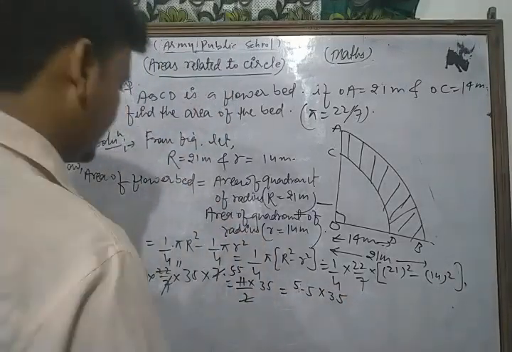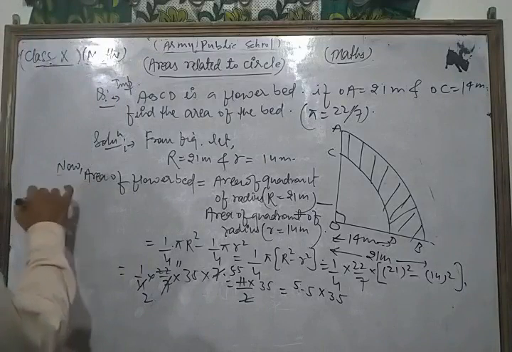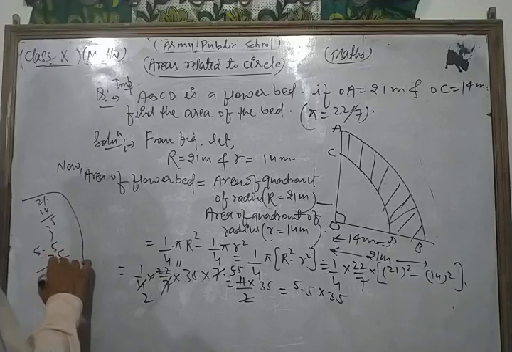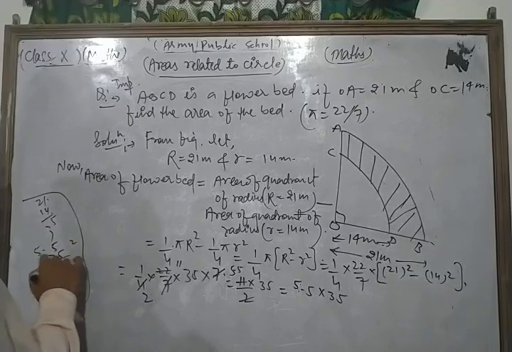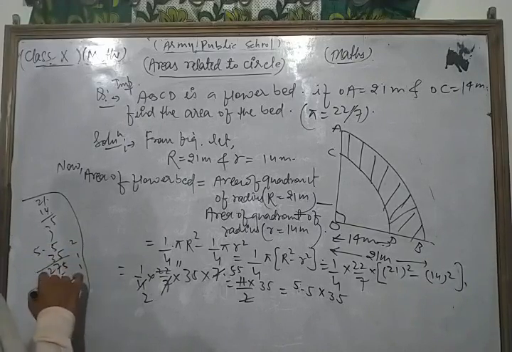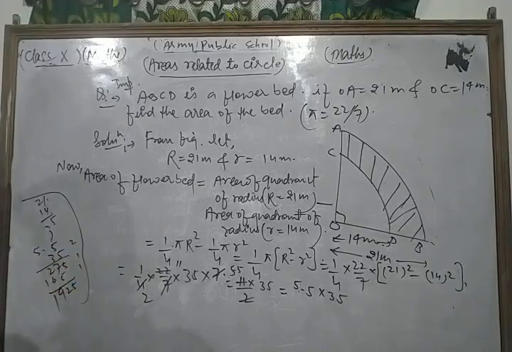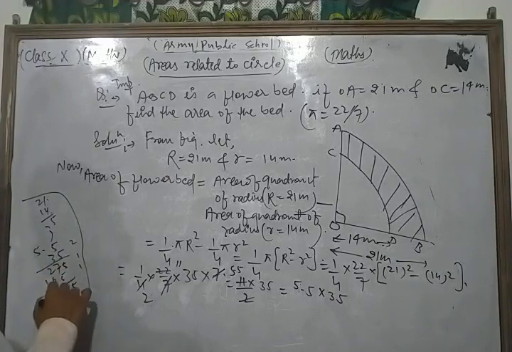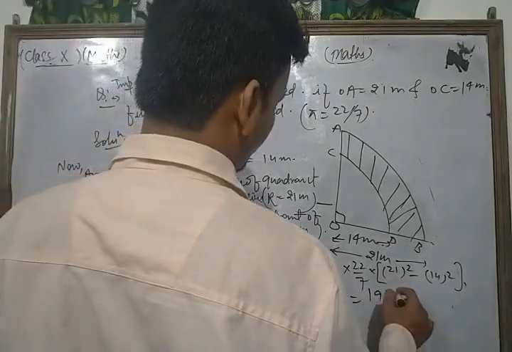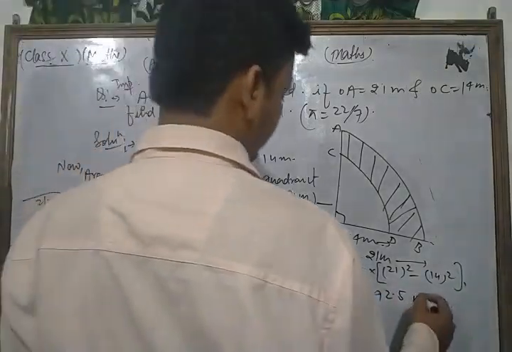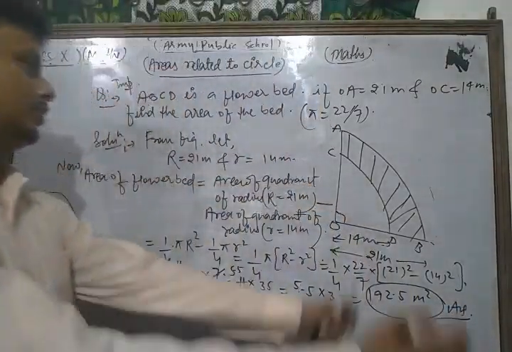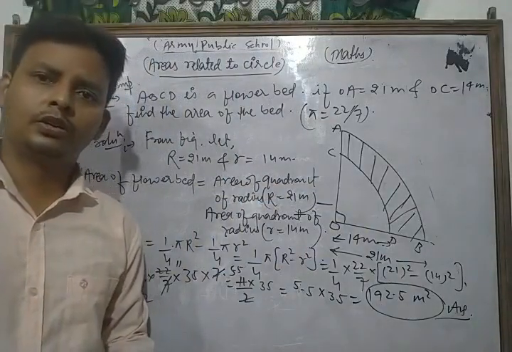After multiplying them, with the decimal we get 192.5 meter square. This is the required solution of the given question.